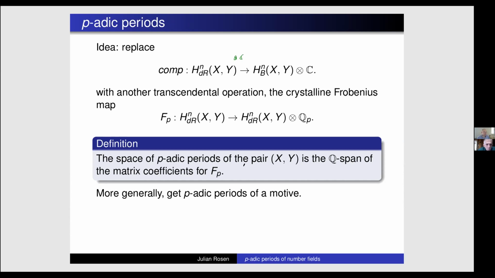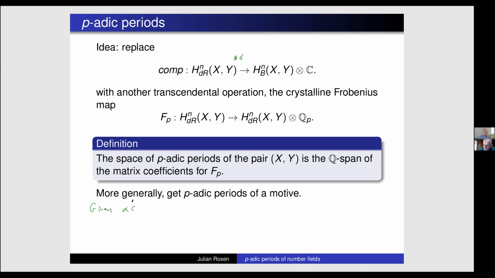Okay, and so the definition I want to make is that a space of p-adic periods of a pair is just the Q-span of the matrix coefficients for this crystalline Frobenius. More generally, you can do this construction with a motive also. So let me write out this recipe.